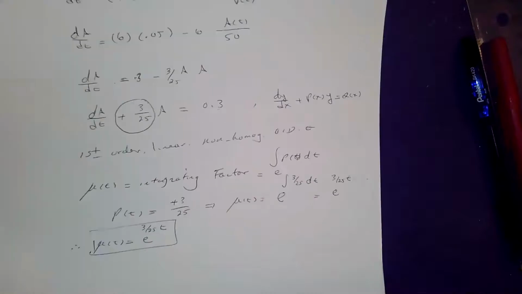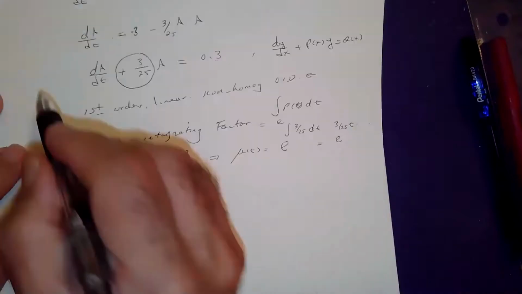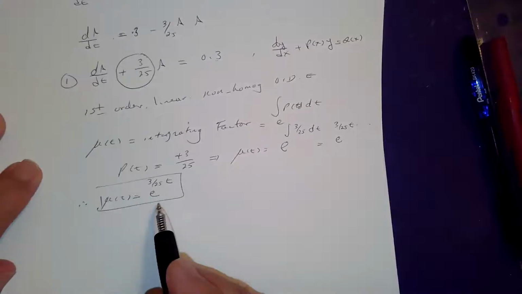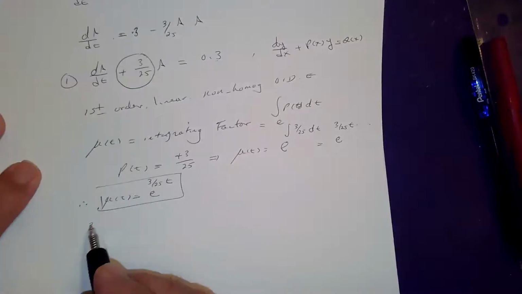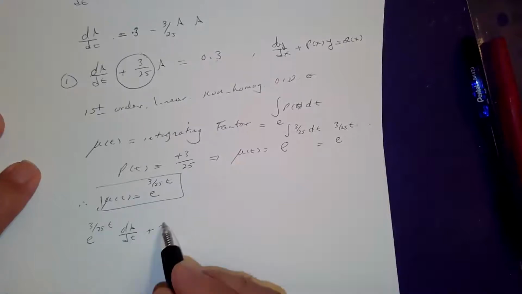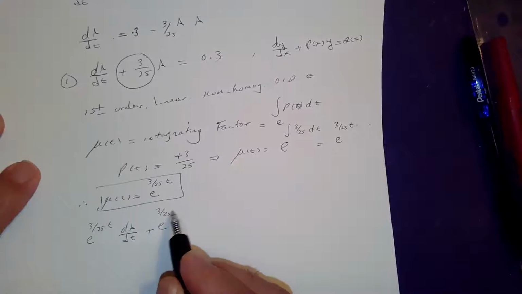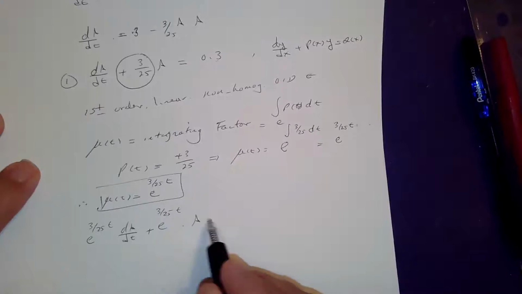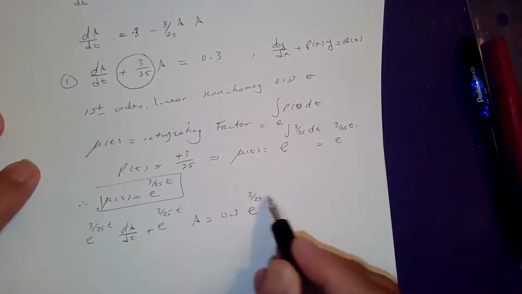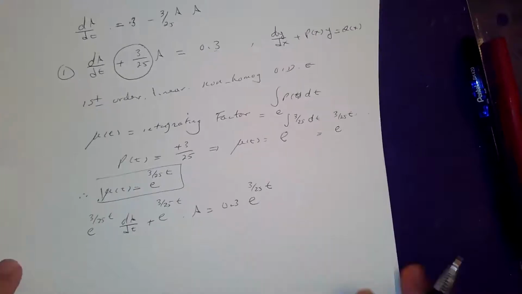Now I'm going to go back to this equation number 1, and I'm going to multiply both sides by the integrating factor like so. e to the power of 3/25 t times dA/dt plus e to the power of 3/25 t times A equals 0.3 e to the power of 3/25 t.